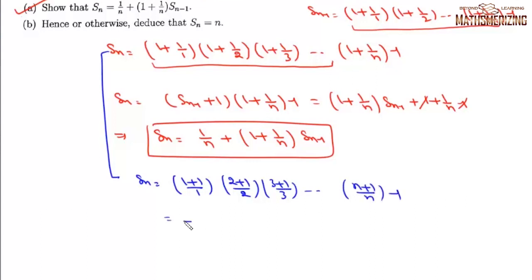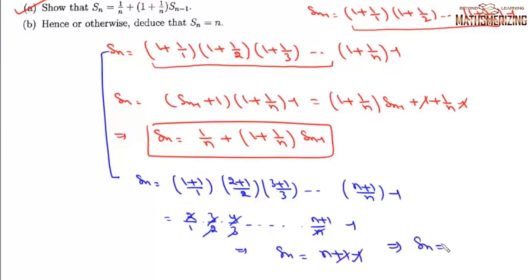Now this is 1, 2, 2, 3, 3, 4, and it goes all the way up to n plus 1 minus 1. Now this 2 will cancel, 3 will cancel, all these terms will cancel. We'll get this Sn as n plus 1 minus 1. This 1 and 1 will cancel. So we can write Sn is equal to n, which is what we need to prove in this second part.